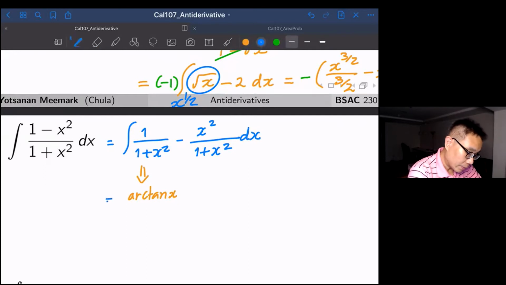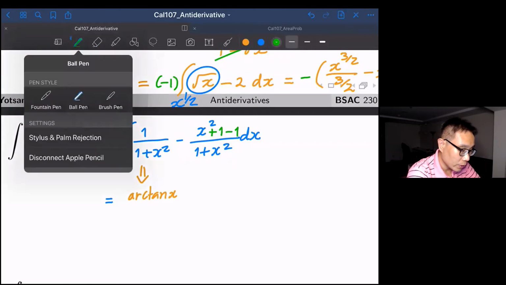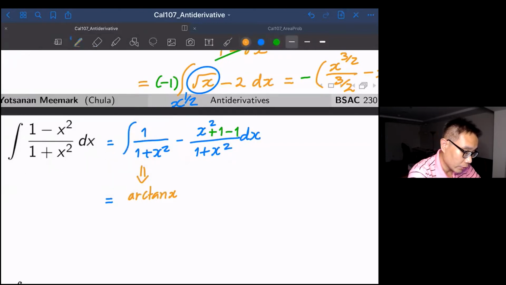However, you see that this guy seems different because we do not have any formula for integrating this, and it's not going to be integrate the top divided by integrate the bottom. So in this case, we're going to do a trick where you add 1, subtract 1. Okay, so this trick will be you add 1, subtract 1. To see what's going on, let me write this one down.